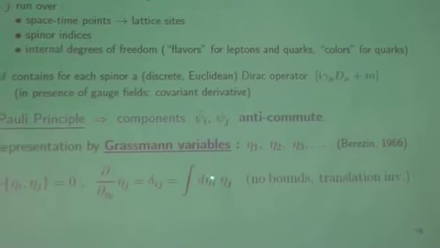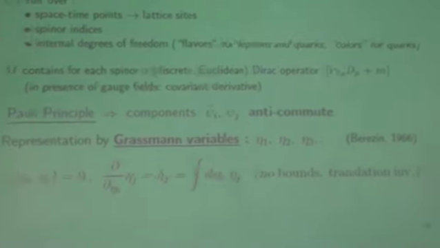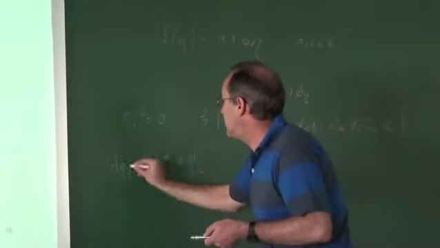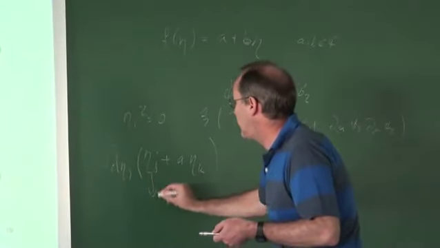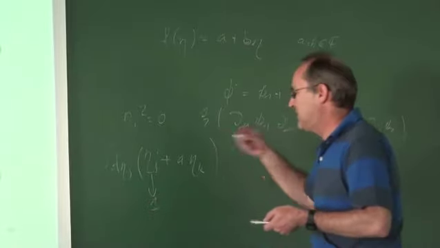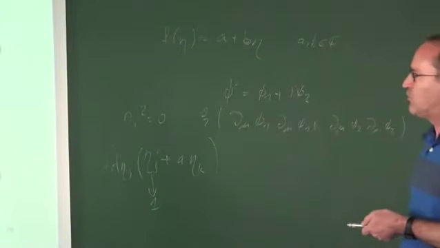And then you can say the integration over the variable itself, the dη_j, okay, this gives a final contribution, and by convention we normalize this to 1.